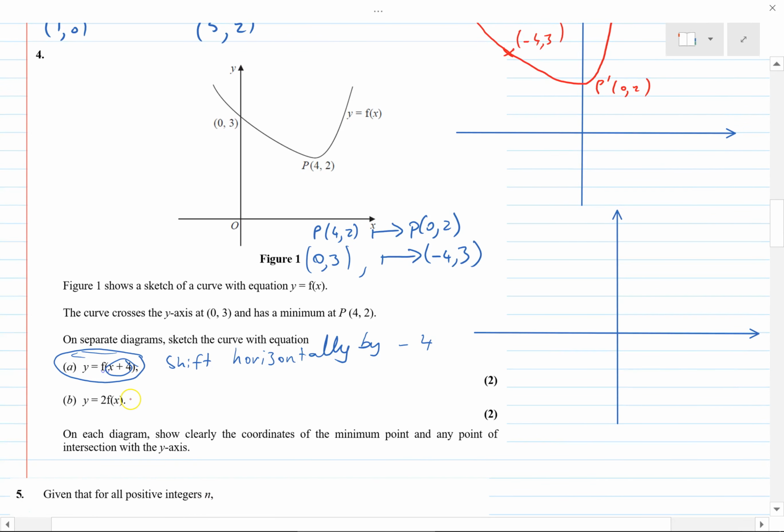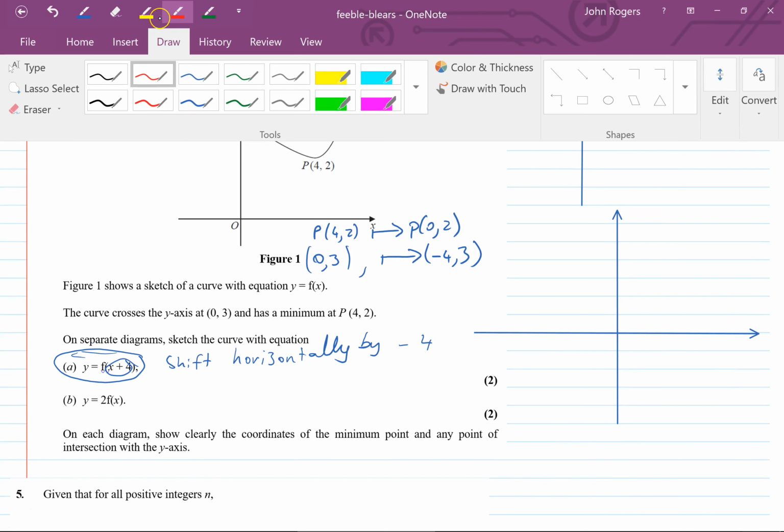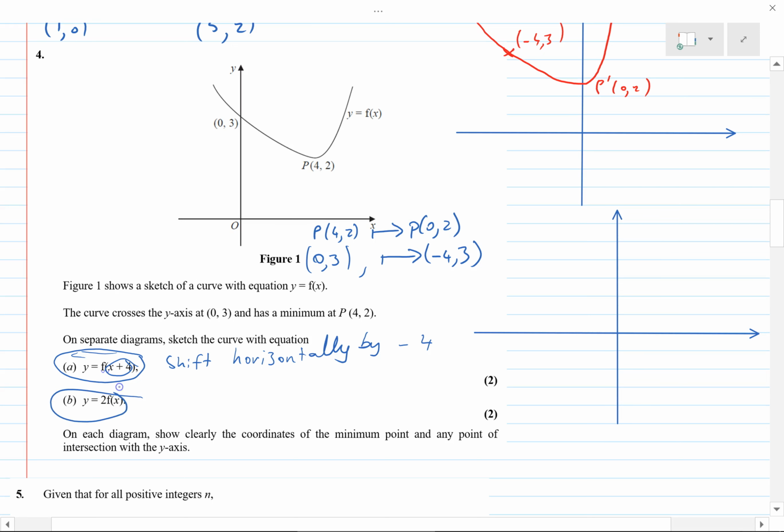Right, now this second one is a vertical stretch, scale factor 2.